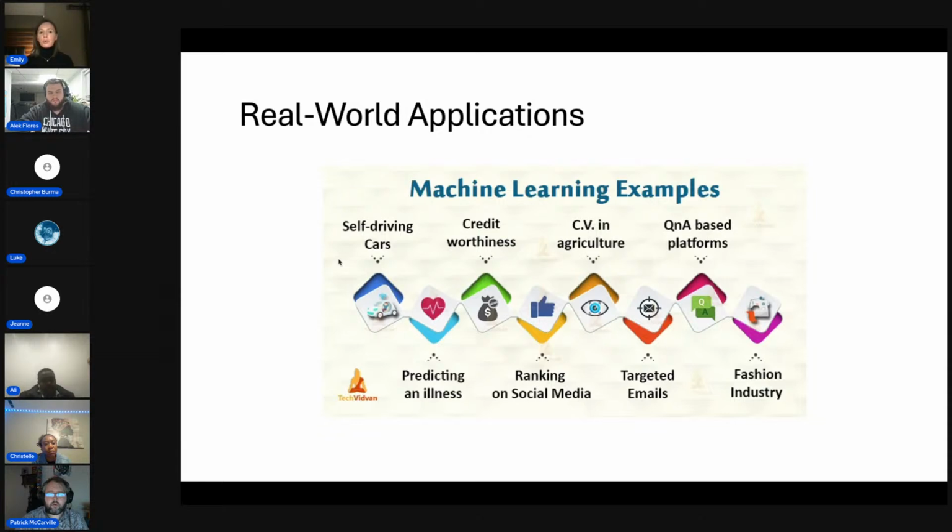If you have any social media platforms, what you see on your feed is really driven by ranking algorithms. Your friend recommendations are recommendation engines that are recommending people that you should be friends with. If you work in the finance industry, there's a lot of models that try to predict whether or not we should approve someone for XYZ. Perhaps it is a home loan, perhaps it is a car loan.